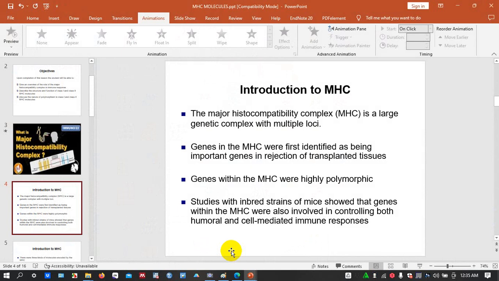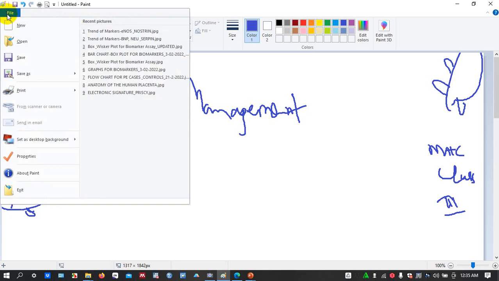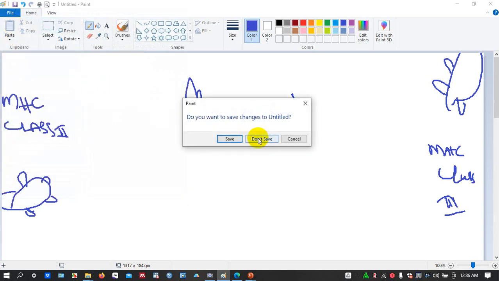Genes in the MHC were first identified as being important genes in rejection of transplanted tissues, meaning that at first, when somebody has kidney failure or liver failure, how do you help that person so that the person can survive for some number of years before dying?